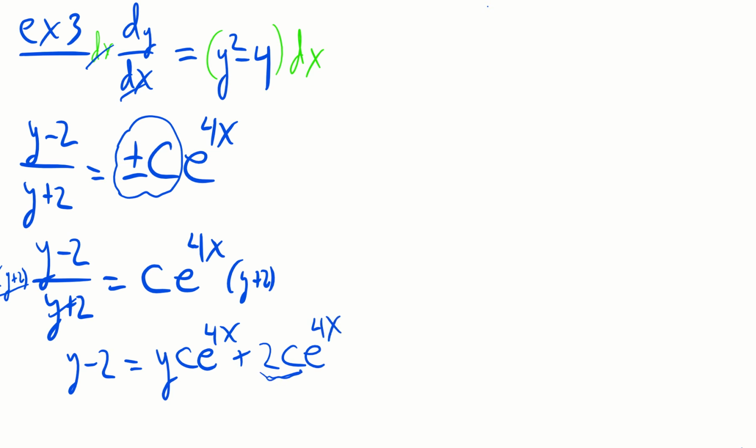Some constant times that we're just going to call some constant. So we have y minus 2 equals y c e to the 4x plus c e to the 4x.